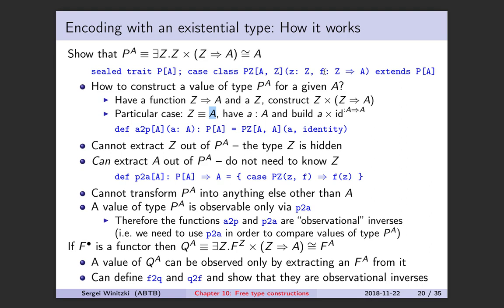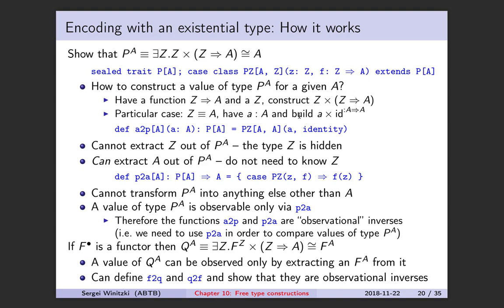We can choose that. We give a value of type A, and here instead of this function we give identity. We can always do that for any type A.